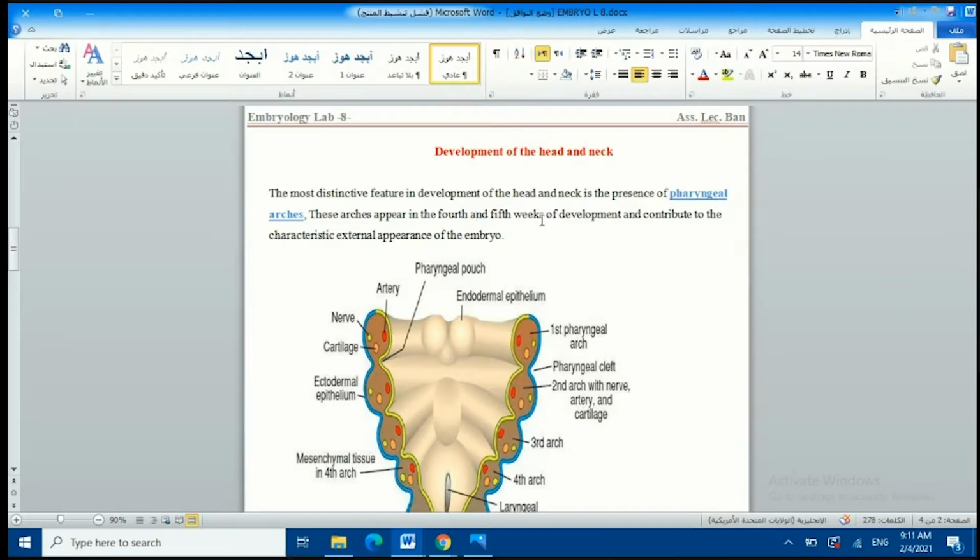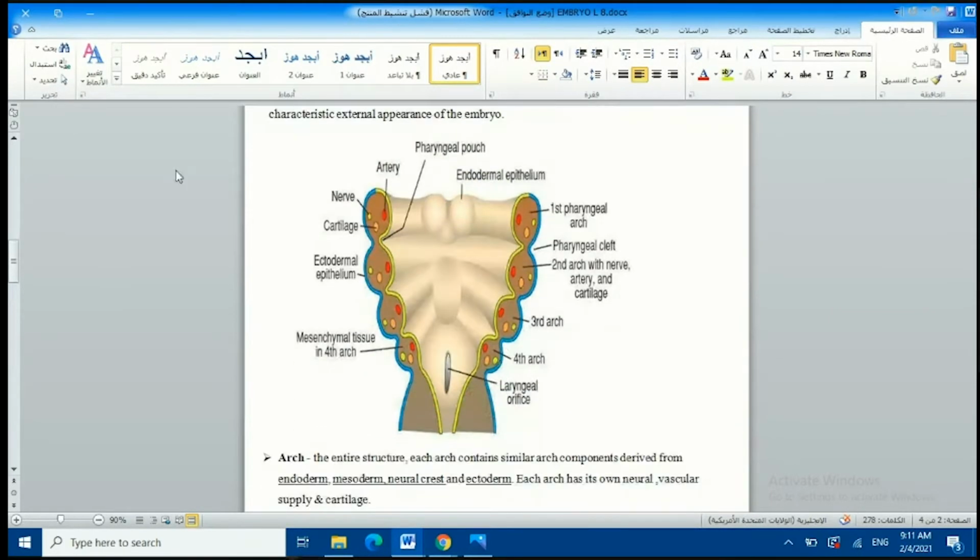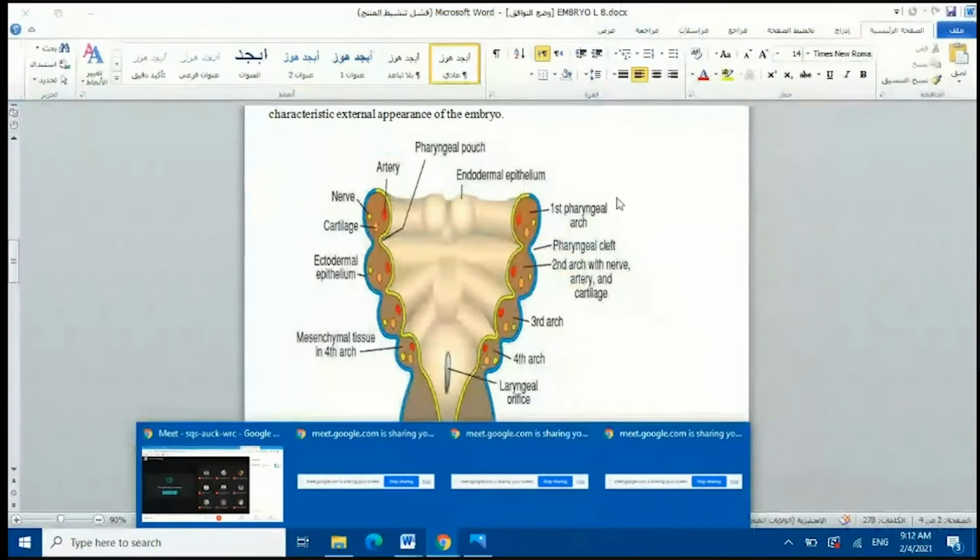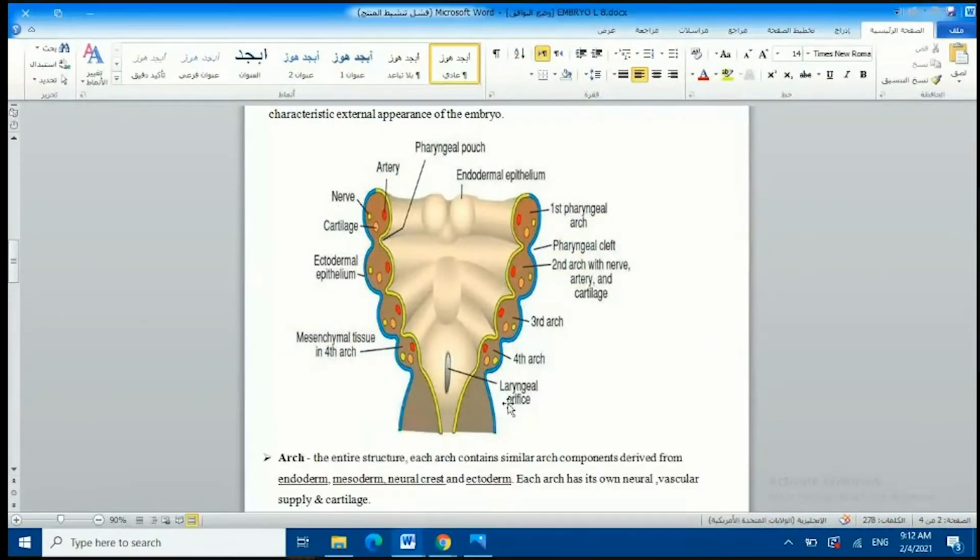So the pharyngeal arch is just like this one, and it includes some components inside it, and the three germ layers that will be specialized in every arch. Every arch will have a special function in forming a specific part of the head and neck. The pharyngeal arch is a structure that consists of components.